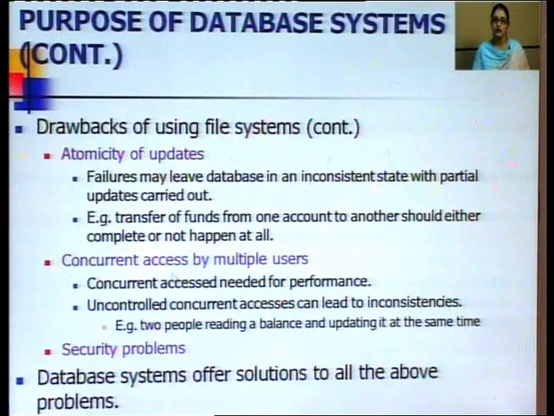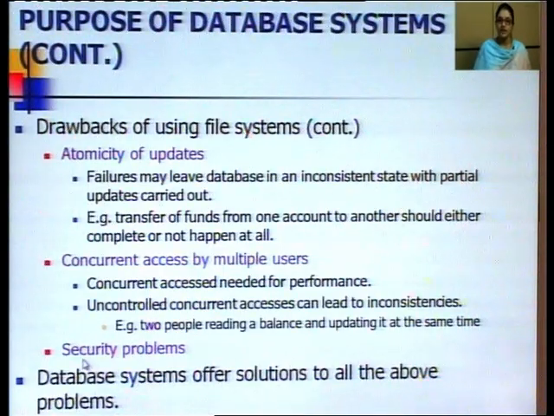Next is concurrent access by multiple users. Concurrent access is needed for the performance of the databases, but uncontrolled concurrent access can lead to inconsistencies. For example, if two people are reading a balance and updating the same balance at the same time, it will lead to the problem of inconsistencies.